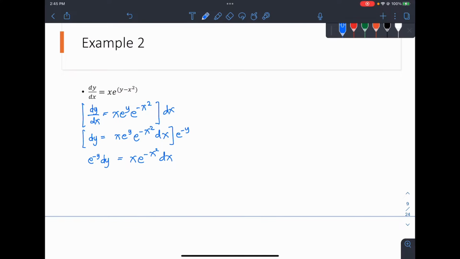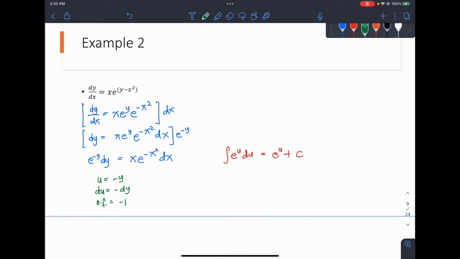We can integrate this by employing the formula for an exponential function, such that the integral of e^u du is equal to e^u plus C. But for e raised to negative y dy, our u is negative y, our du will be negative dy. But we only have dy, so we need a neutralizing factor. We are in excess of a negative number, so our neutralizing factor is negative 1.